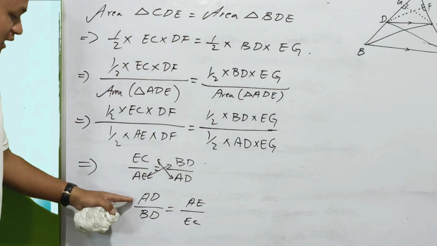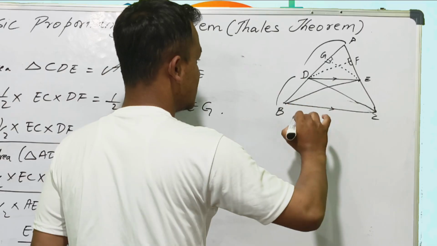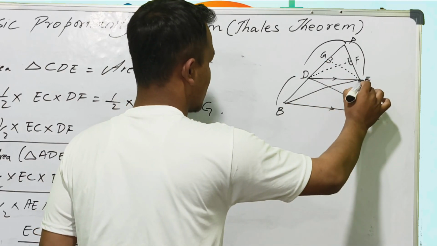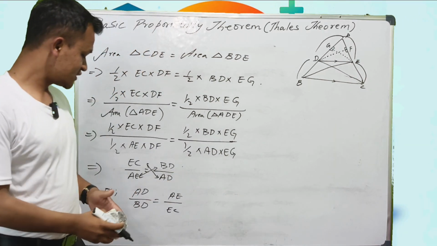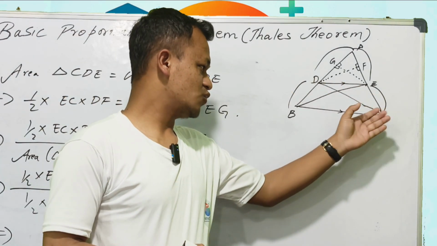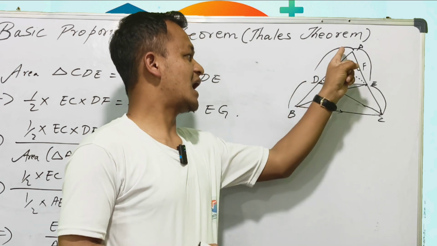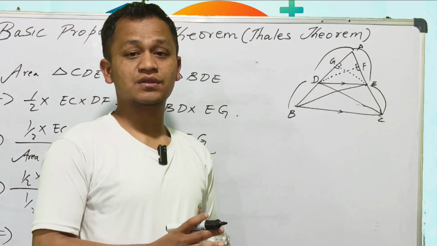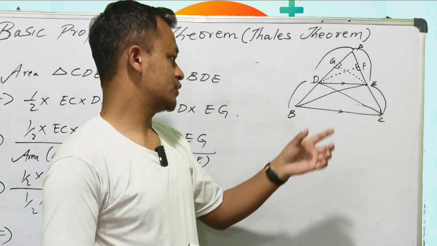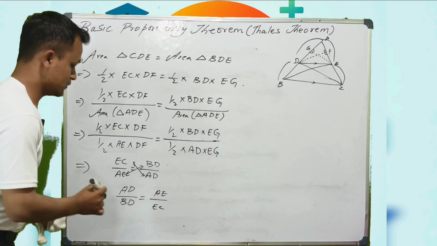So what do we have? AD by BD is equal to AE by EC. If we have this equation, what can we say? We can say that this line DE, which is parallel to the line BC, divides AB and AC in the same ratio. So that is the basic proportionality here.